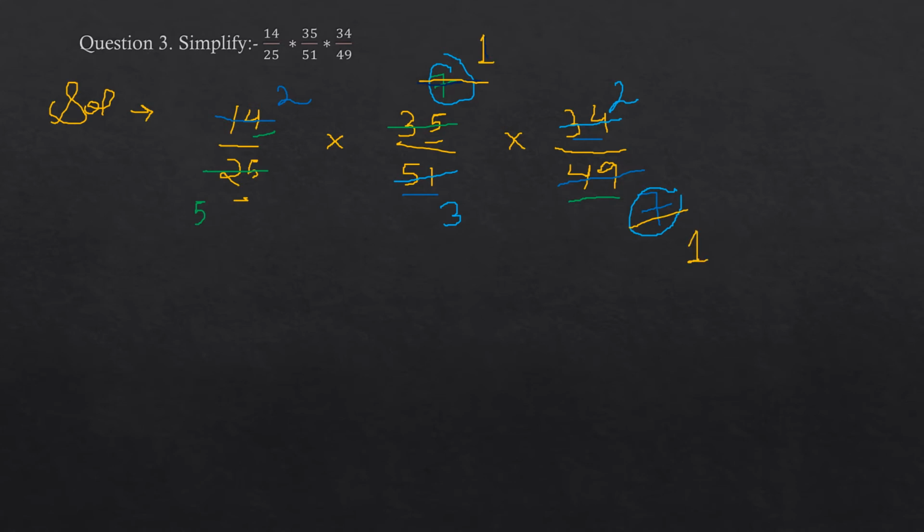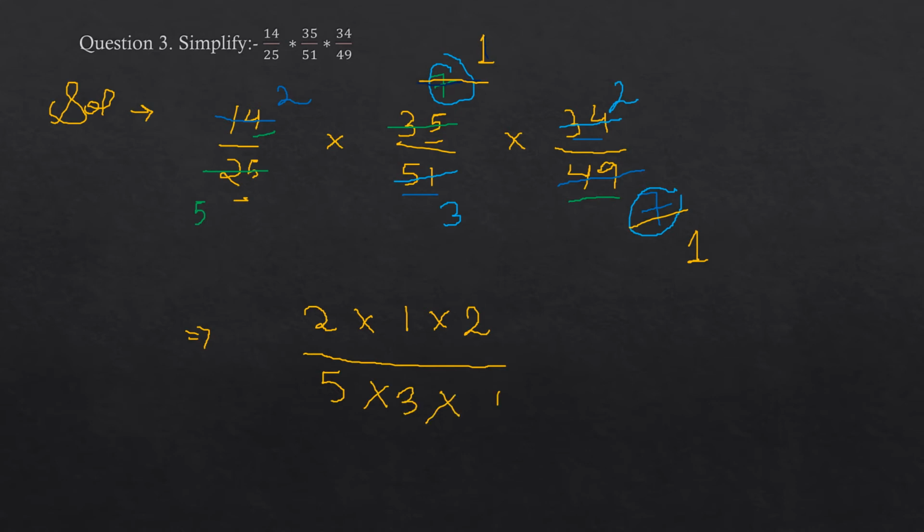Okay, now we will just get the product of numerators and product of denominators. Product of numerators are, first we are having 2, then we are having 1, and then we are having again 2. So 2 into 1 into 2, this is the product of numerators, and now we will get the product of the denominators, that is 5 into 3 into 1.